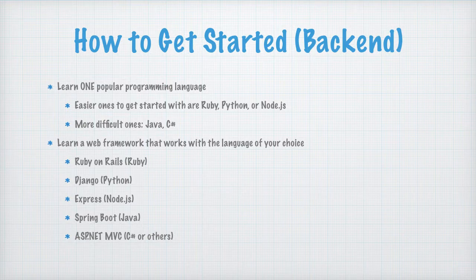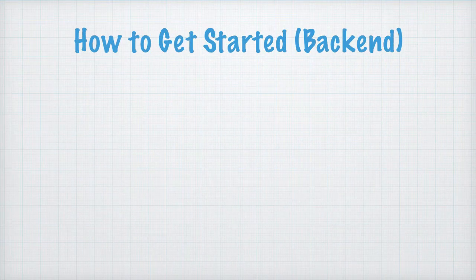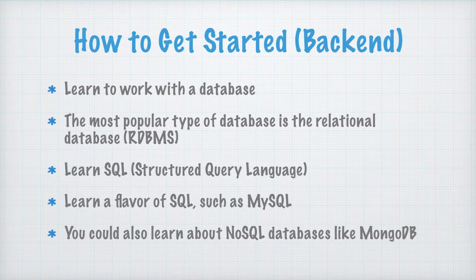Now let's talk about the final aspect of the backend, and that's the database. So after you learn a programming language for the backend and then you learn a web framework, you need a way to store your information. Where is the information for your application going to go? Well, that goes into what's called a database. The most popular type of database is called a relational database.